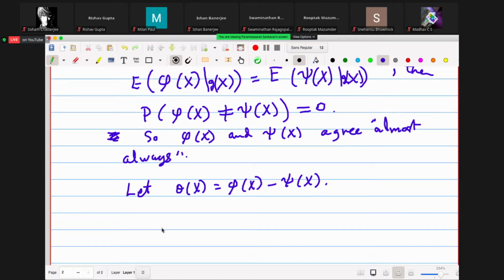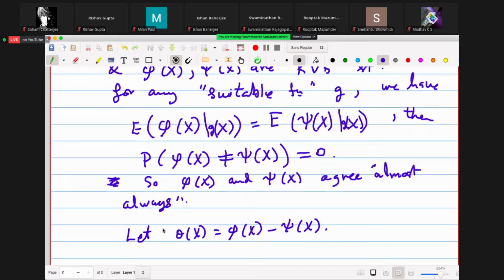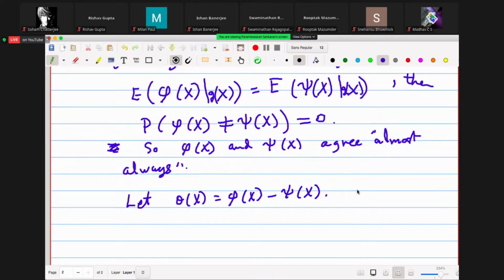Excuse me, sir. What is this function g(X)? G is some function from R to R. Okay, so therefore g of capital X makes sense. Could you give an example? For example, g(x) could be x squared, g(x) could be sin x, whatever it is.